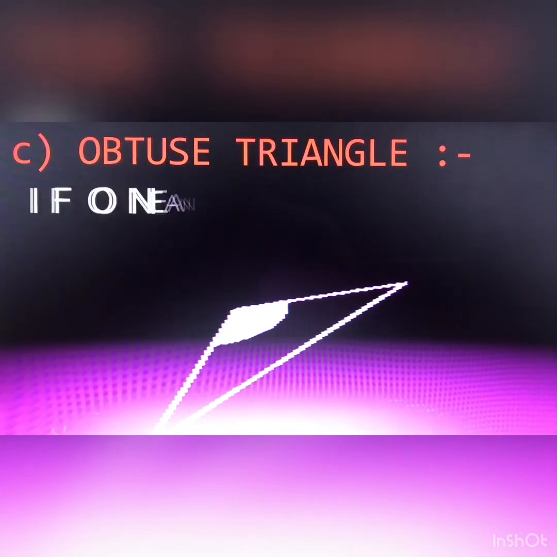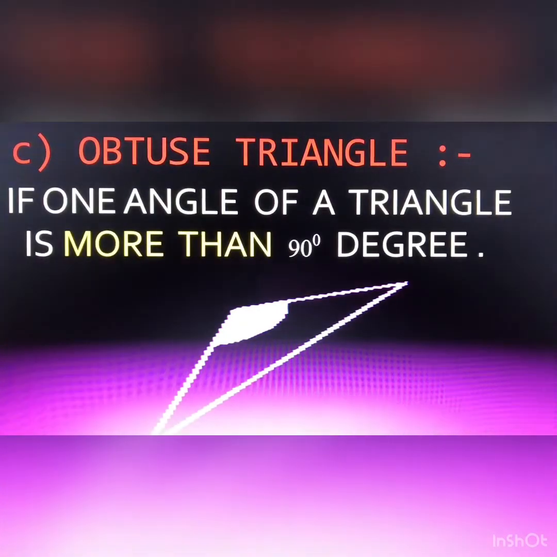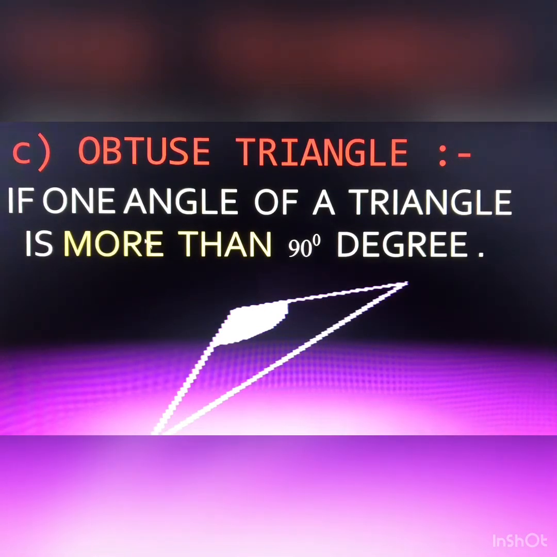Now the obtuse angle triangle. If one angle of a triangle is greater than 90 degrees, then it is known as an obtuse angle triangle. So you can see that this angle is more than 90 degrees. So this type of triangle is known as an obtuse angle triangle.